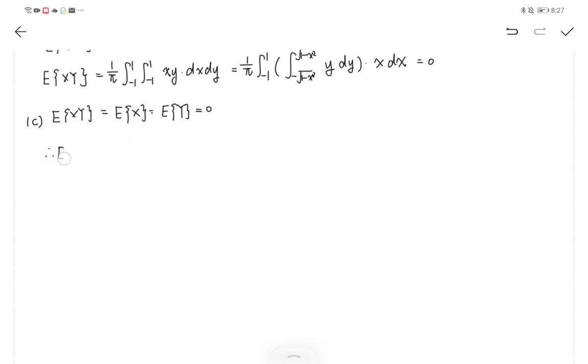So we can get the expectation of x, y equals the expectation of x multiplied by the expectation of y. So we can prove that x and y are uncorrelated.